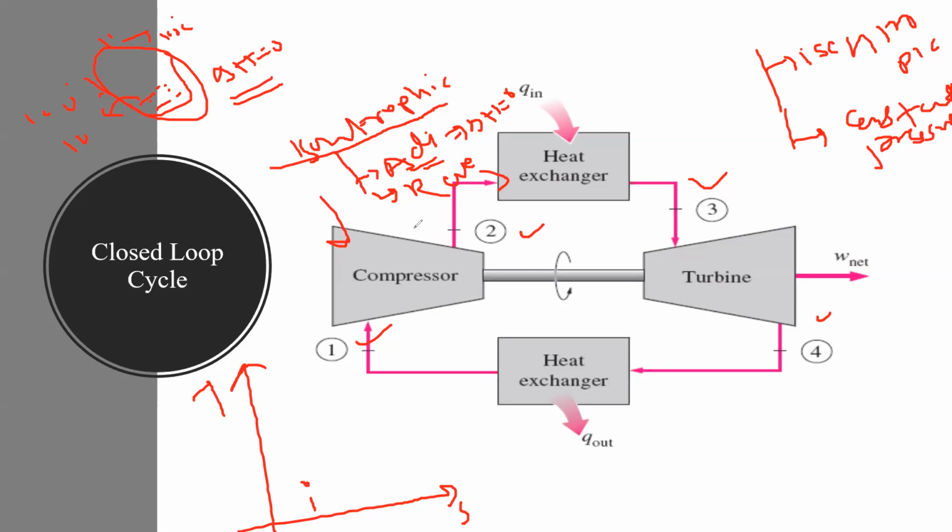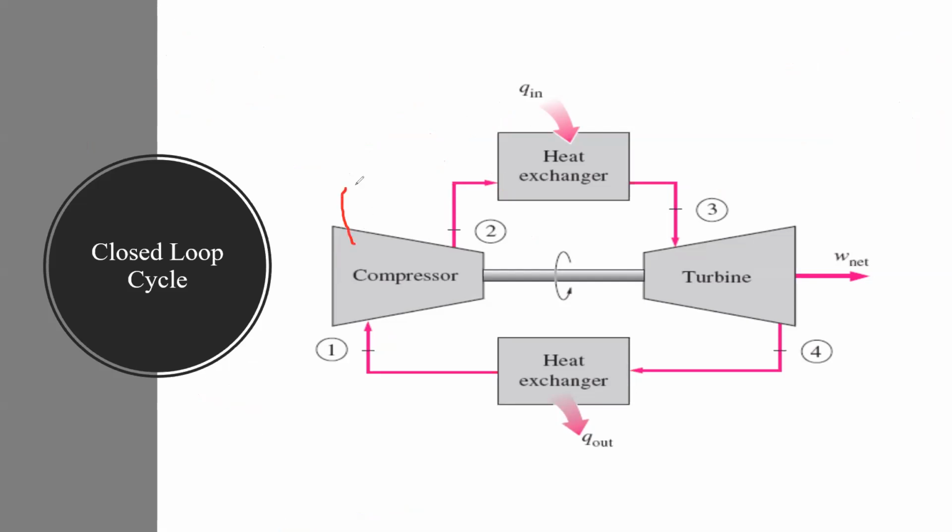So that's why in the compressor two processes are performed. First is the isentropic process, and in the isentropic process there are two processes: first the adiabatic process and second the reversible process. Now the compressor maintains high pressure and high temperature.